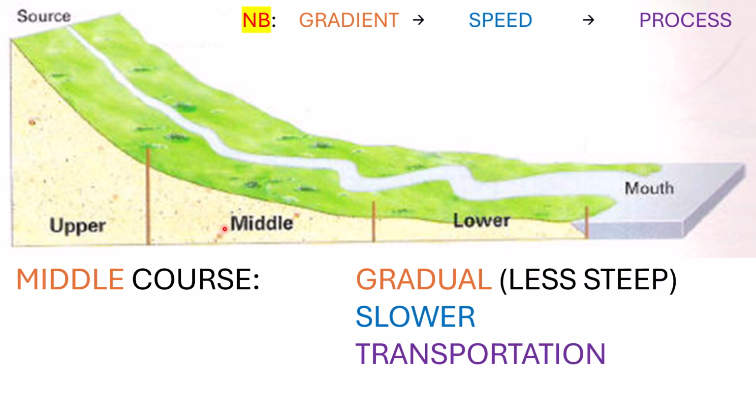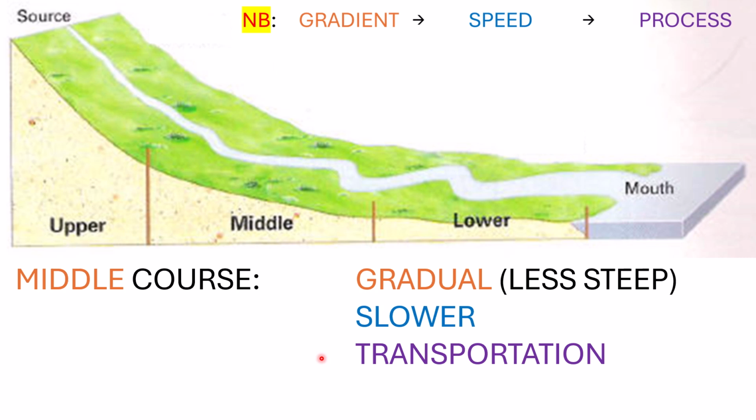In the middle course of the river, the gradient of the land becomes less steep and can be described as being gradual. Because the gradient is less steep, the river slows down much more than it was in the upper course, and in this part of the river we have a combination of both erosion and deposition, but the main aim of the middle course is to transport eroded material from the upper course down towards the lower course of the river.